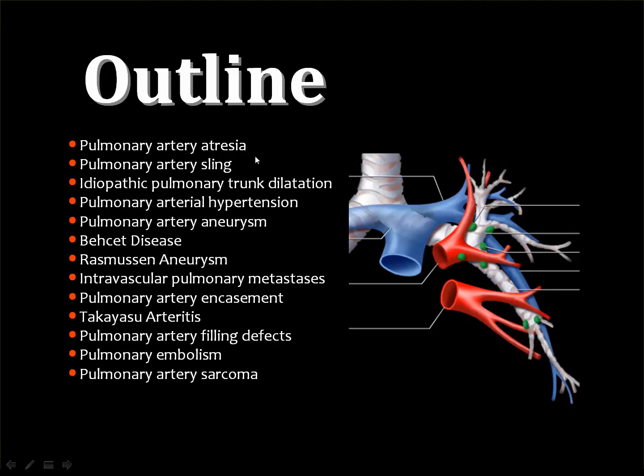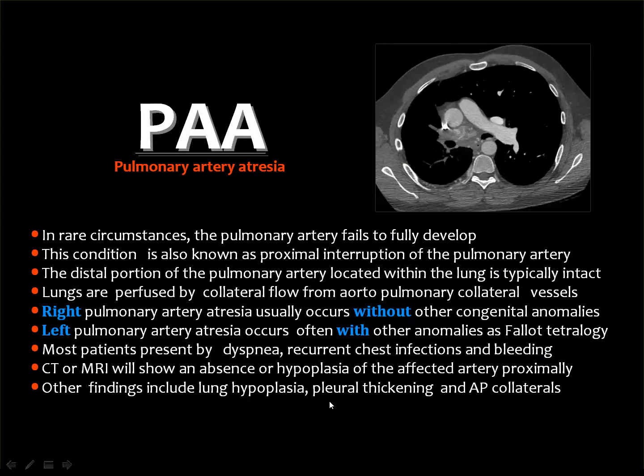We are going to talk about the pulmonary artery atresia, pulmonary artery sling, idiopathic pulmonary trunk dilatation, pulmonary arterial hypertension, aneurysms, Behçet disease, Rasmussen aneurysm, intravascular metastasis, pulmonary artery encasement, Takayasu arthritis, pulmonary filling defects, embolism, and finally we will have some words about pulmonary artery sarcoma.